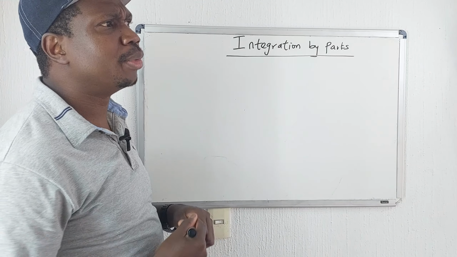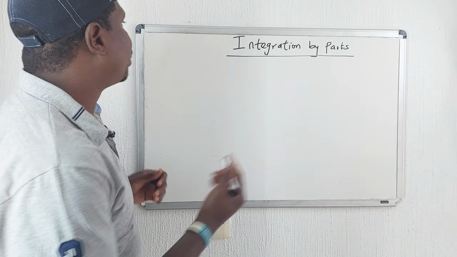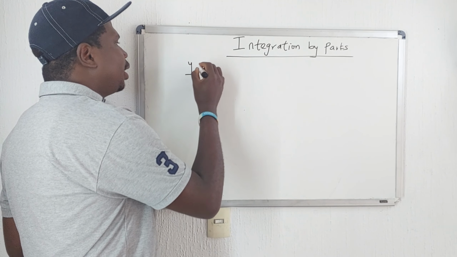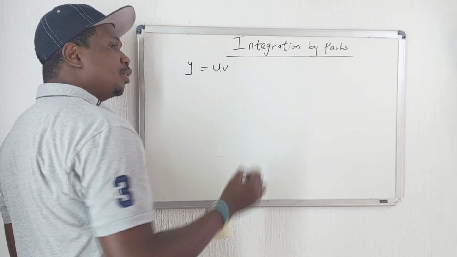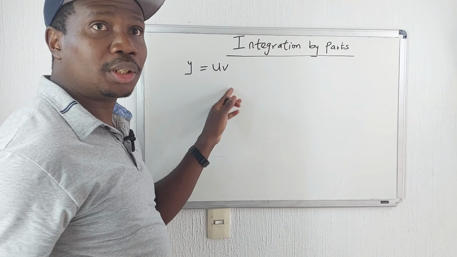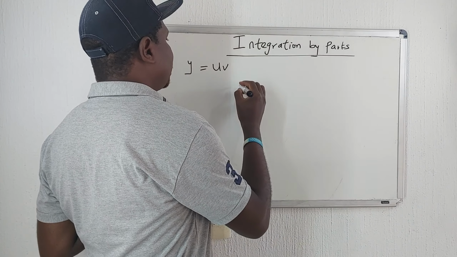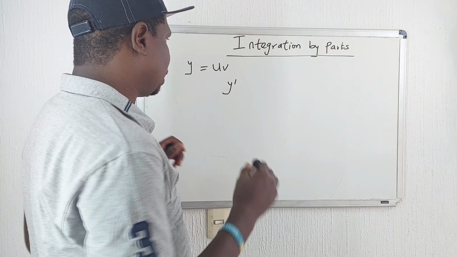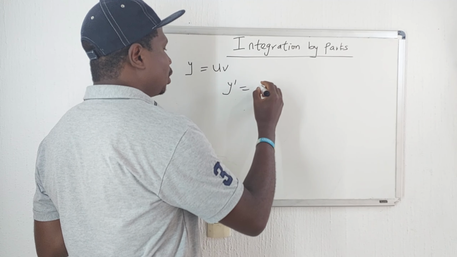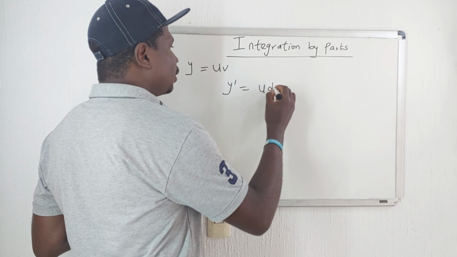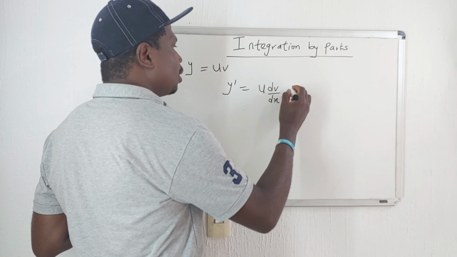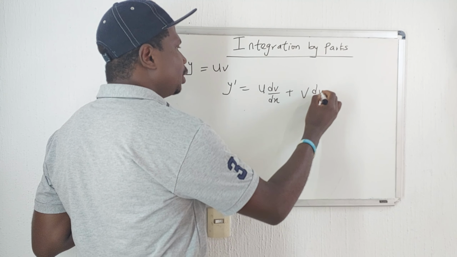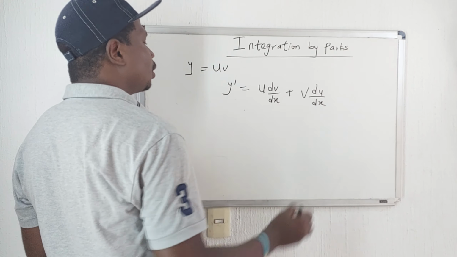And this formula is gotten from the product rule. For example, when we have y equals uv, where y is a function of u and v, then y prime, which is the derivative of y with respect to x, equals what? u dv/dx plus v du/dx.